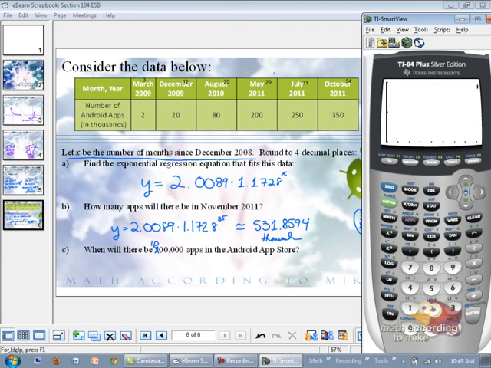Pretty soon should come the exponential function. Anytime now. Bam. And double bam. We just made it. So we have to figure out where these two intersect. To do that, we're going to go to second calc. Calc is above trace, and you're going to select number 5, which is intersect.